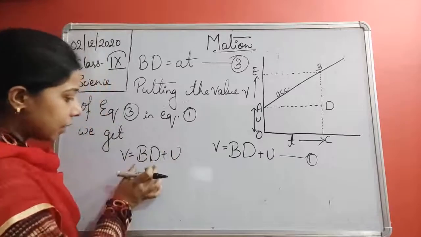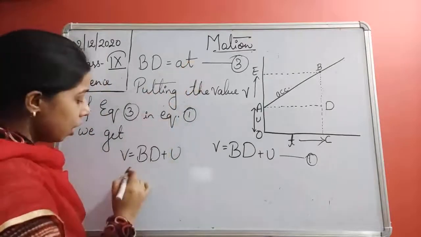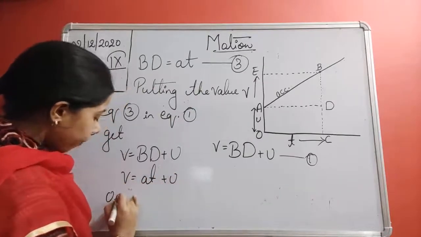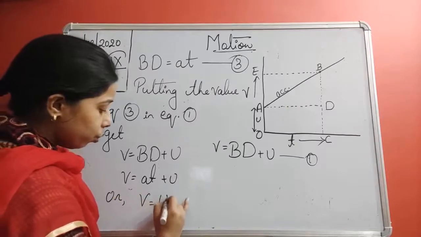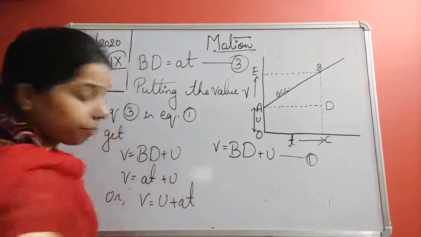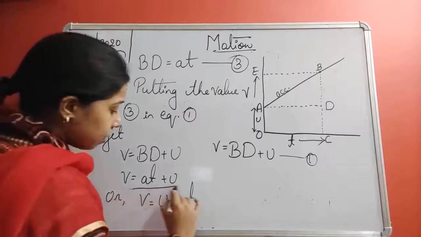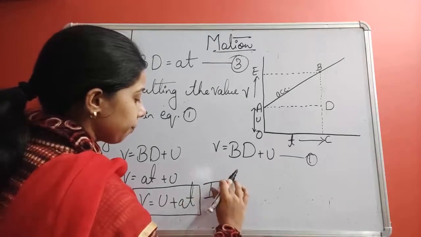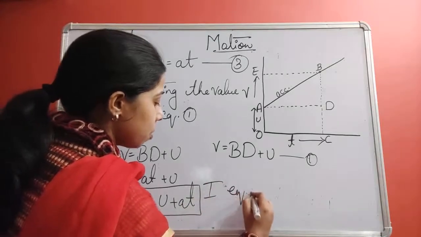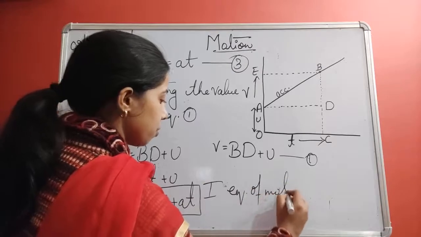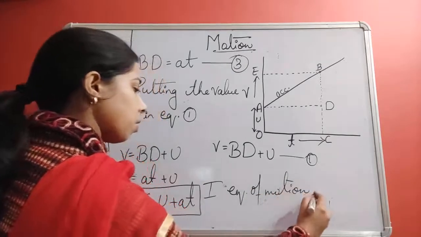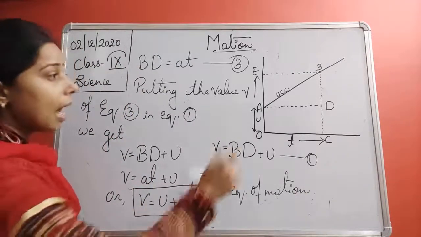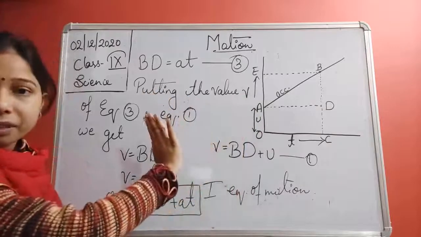This is the equation first, and the value of BD we will take from At. So v is equal to At plus u, or we can write v is equal to u plus At. Okay, and now, what is this? v is equal to u plus At. It is the first equation of motion. Okay. So the first equation of motion is v equals u plus at, and that we get from this graph itself.